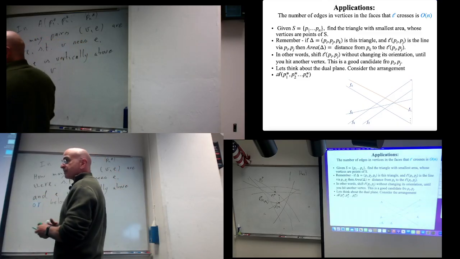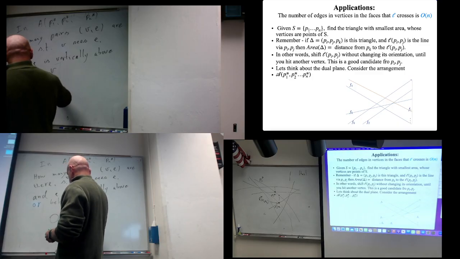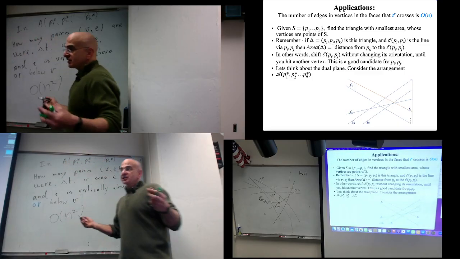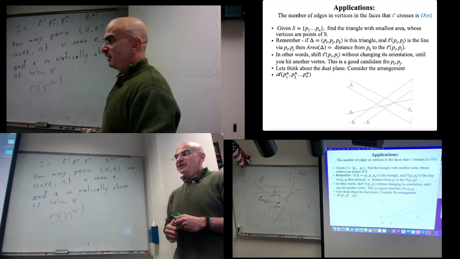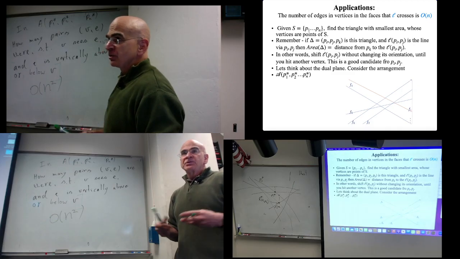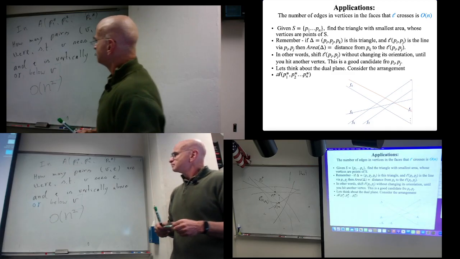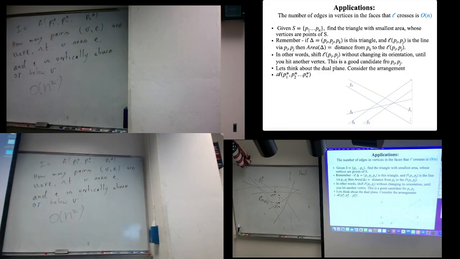So even without this condition, the answer will be order n squared, and just check all of them exhaustively. And it's guaranteed that one of these triples corresponds to the smallest area triangle. Cute? So in n squared, you can find this triangle.